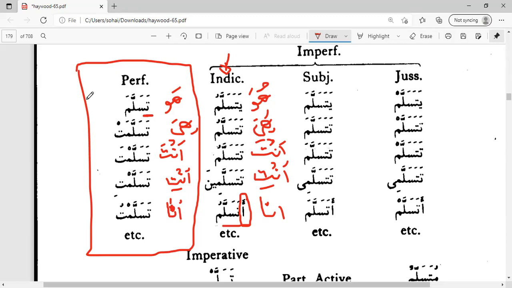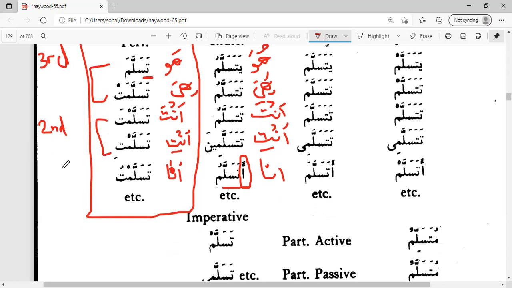So basically, if you look at these, the way the author does it when he writes them down, because you should be able to work it out, is that it always starts with the third person masculine, then third person feminine. Then it goes to the second person. It doesn't give you everything, it just gives the singular, male first, then female. And then it goes to the first person. In all his scales, it's the same.